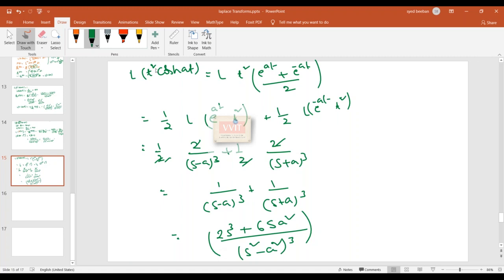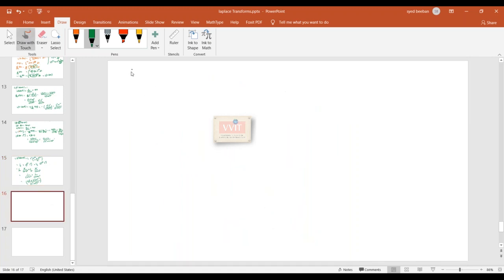When you take e power at like this, or if you're not interested, another way: L of t square into cos hat, which can be written here. Yeah, f of t is taken as cos hat.